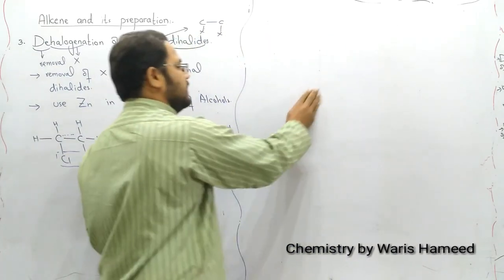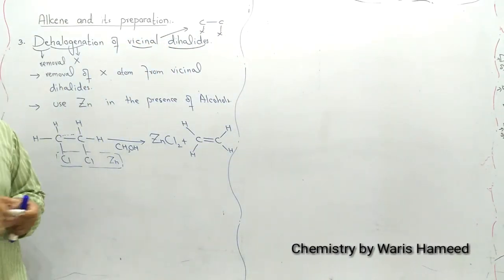Kolbe's electrolytic method for the preparation of alkene.